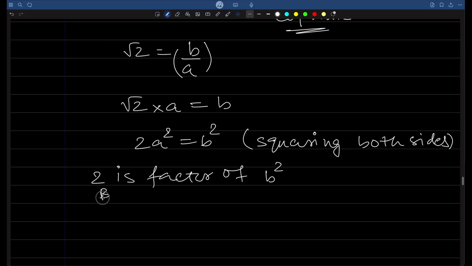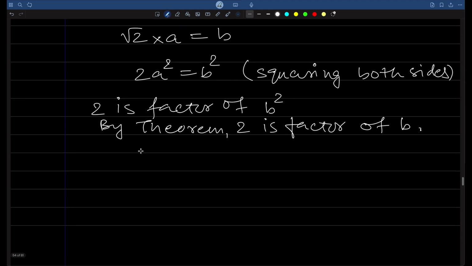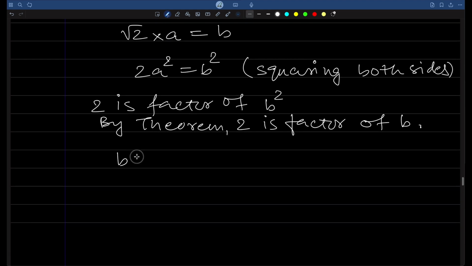And by theorem, we can say 2 is a factor of b. So we can write b equals to 2 into some other constant, say k, where k is an integer.